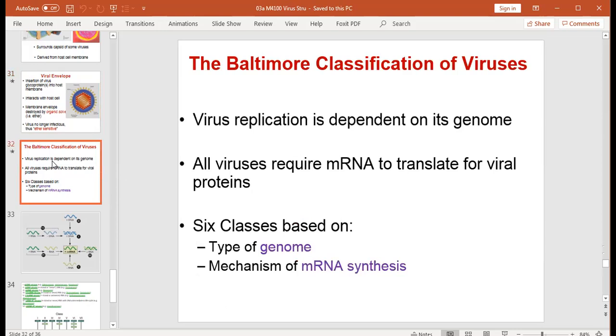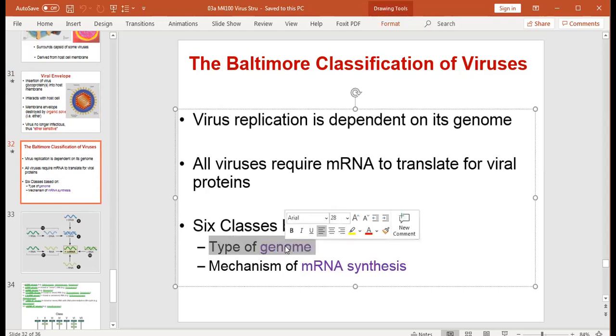Slide number 32 starts by talking about the classification of viruses. A scientist by the name of David Baltimore initially classified viruses into 6 major classes based on their type of genome and mechanism of messenger RNA synthesis.